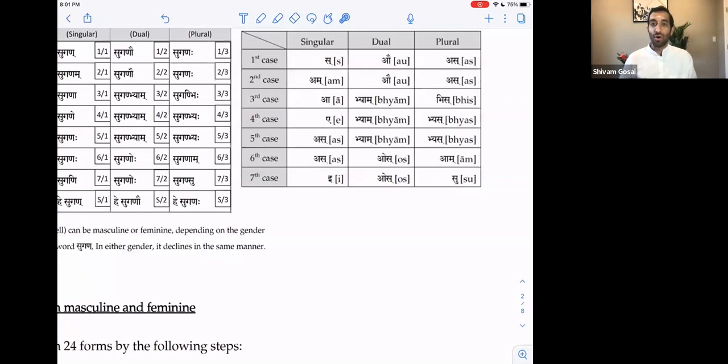Now you're going to get a whole new set of words in Bhagavad Gita and Upanishad, which are consonant ending. And you'll be able to recognize them and at least guess what the case is. That's an important skill to have, right? At least you should see the word and you can at least guess what the case is.